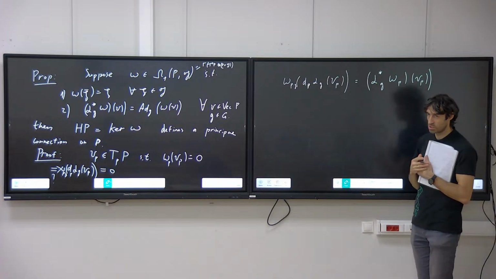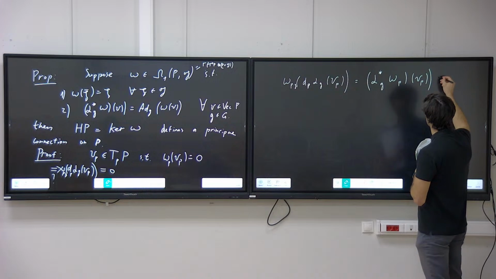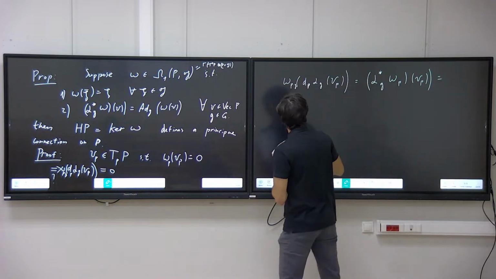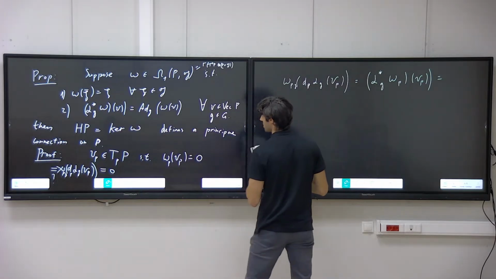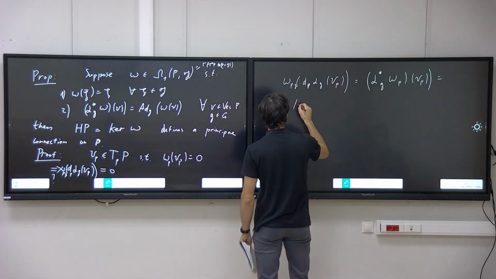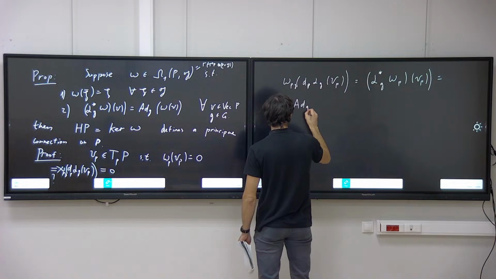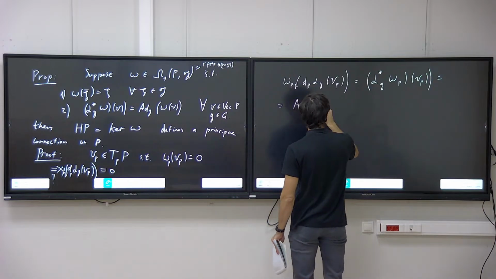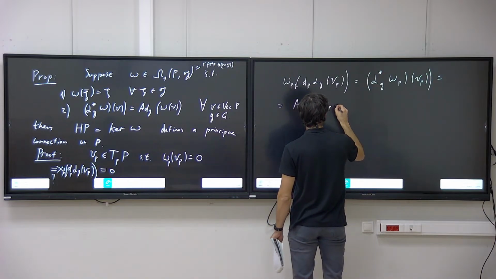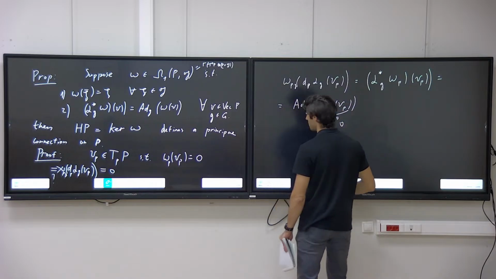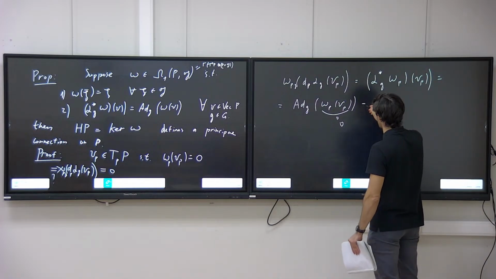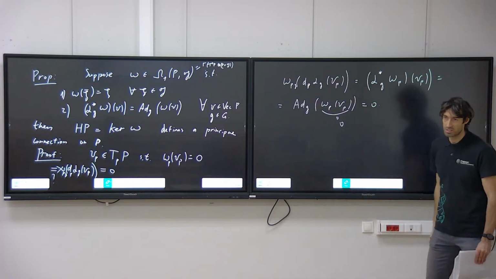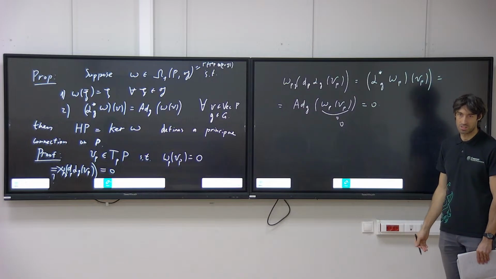This is just again the definition of pullback. But now I'm using this property, so this is very helpful. So this will be at G of omega P of VP. But this is 0, right? And that G is just a linear map applied to 0, so this is just 0. And so this direction is very easy.